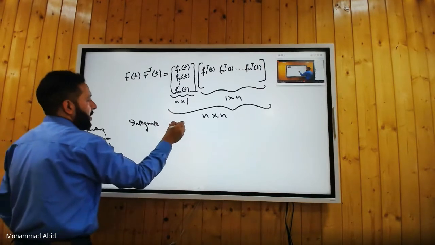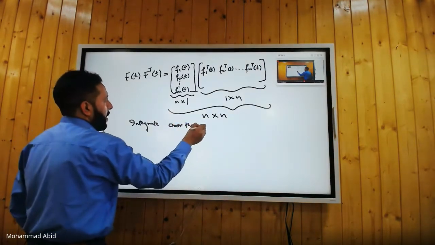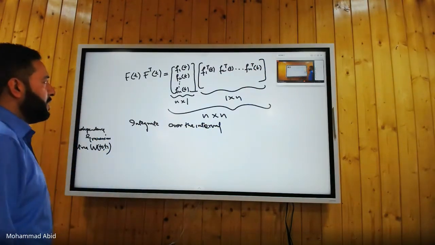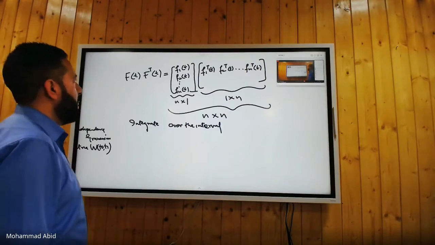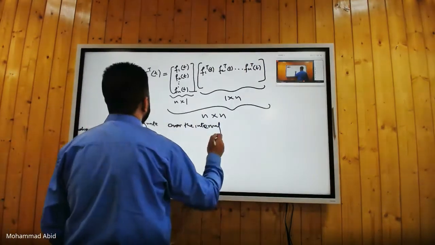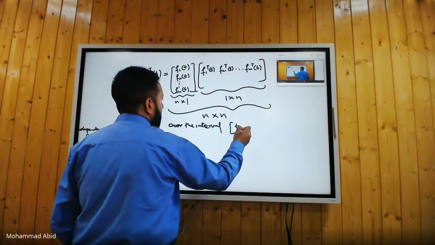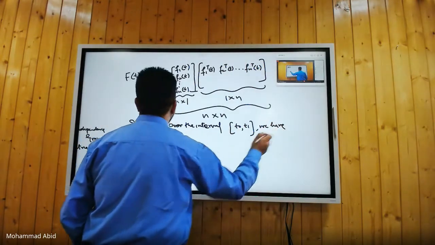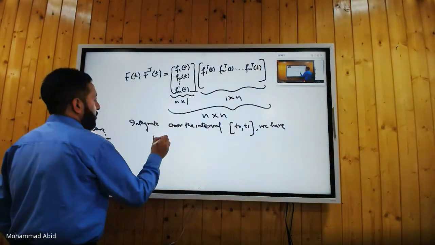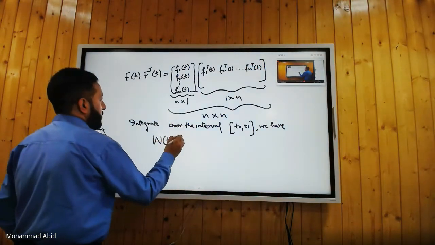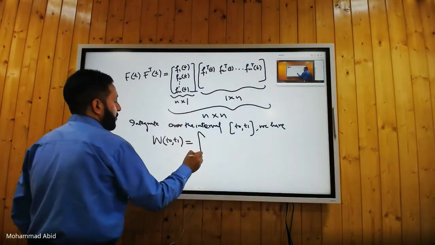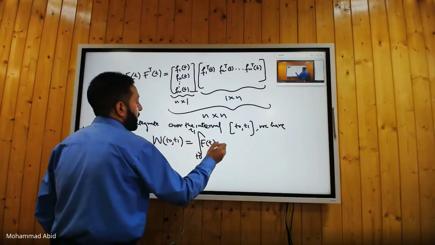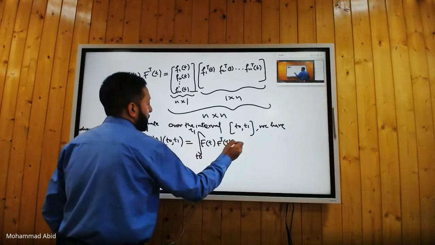And if you integrate it over the interval t0 to t1, we have W t0 to t1 defined as the integral from t0 to t1 of ft f transpose t dt.